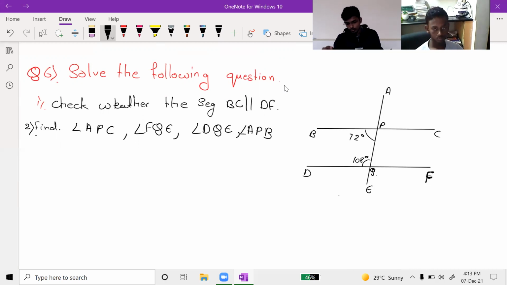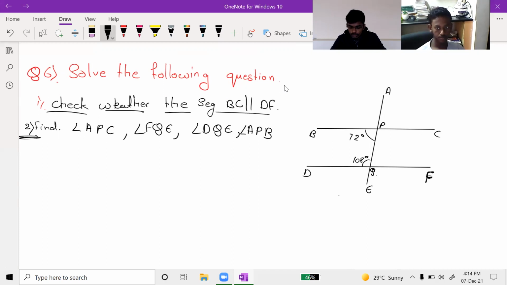In one question, there are two questions. Listen carefully. First, check whether the segment BC is parallel to DF or not. We have to check whether these two are parallel to each other or not. If they are parallel, then only you can solve question number 2, or else you won't be able to solve it.